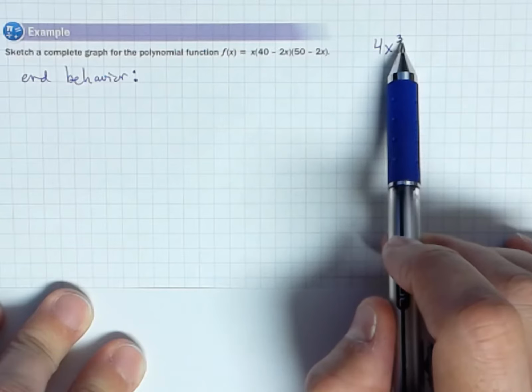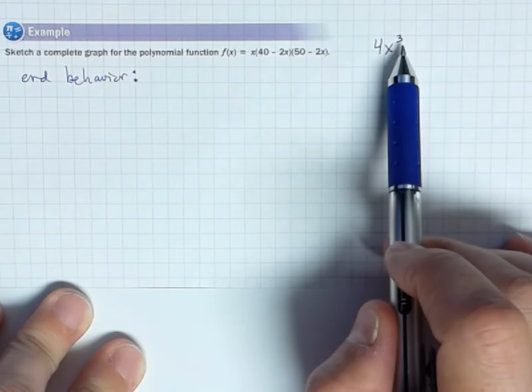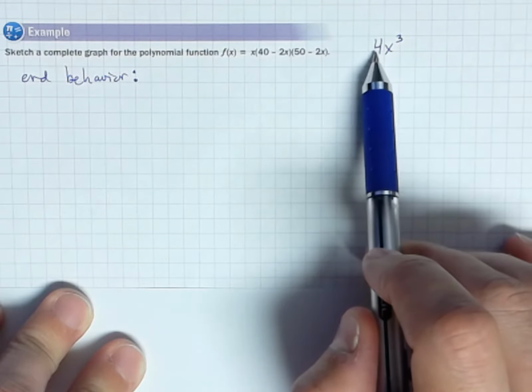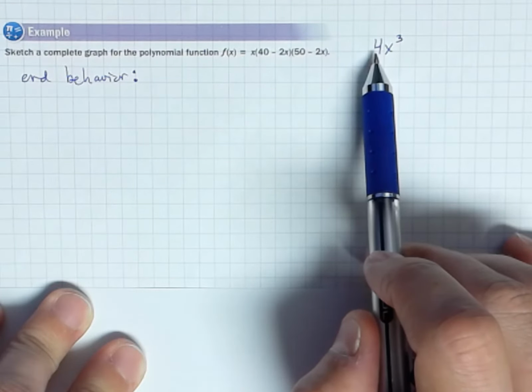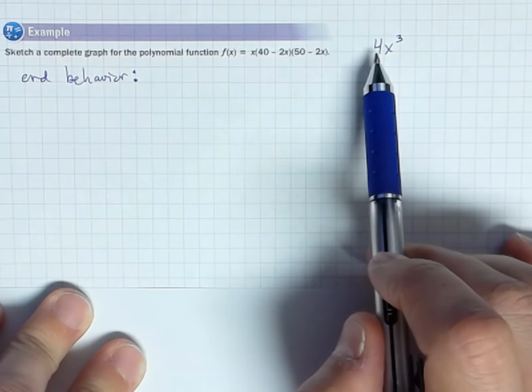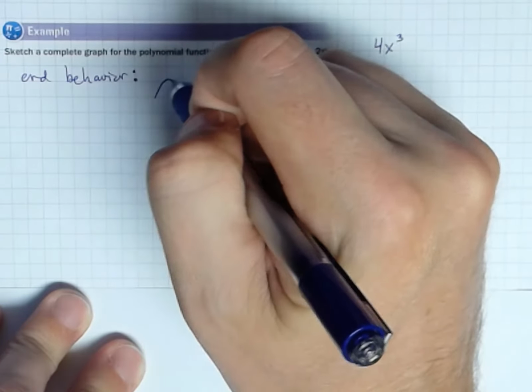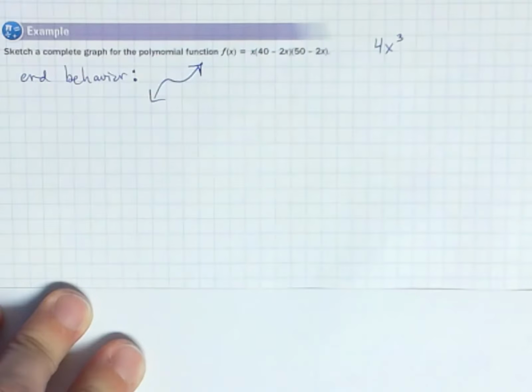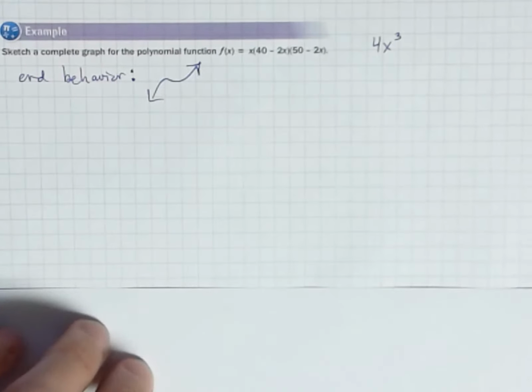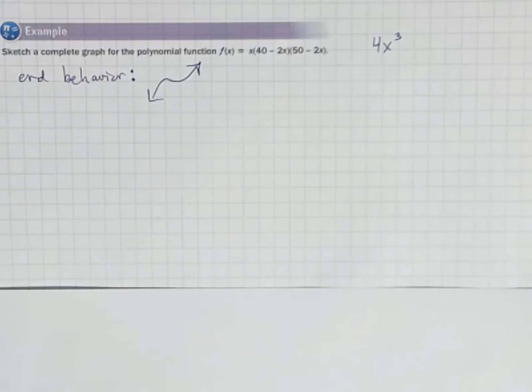So it's odd, so that tells me the ends are opposite, and it's positive, so that tells me the left hand is down, the right hand is up. So left hand down, right hand up, or in other words, it's doing something like that, just to visualize, right? So I know the left is pointed down, the right's pointed up. All right, we've got our end behavior.